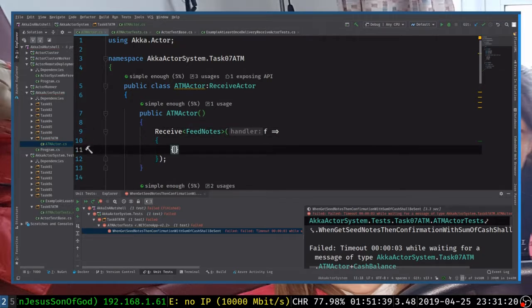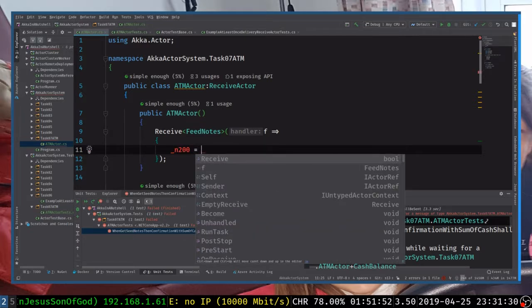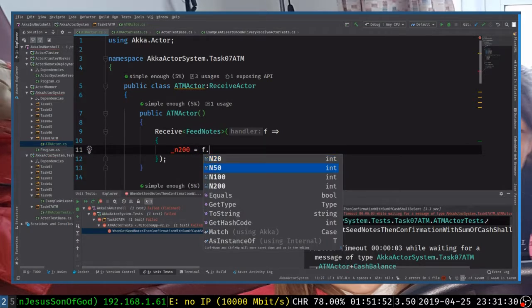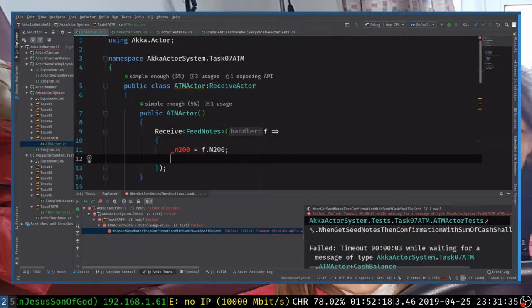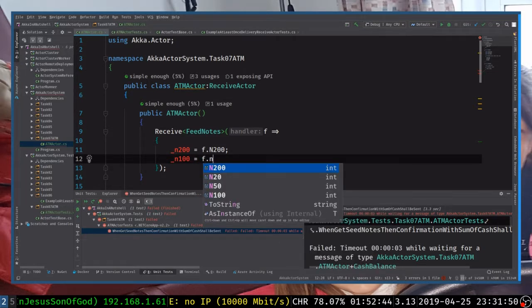Right, so our internal state: notes 200 equals feed notes 200. Then notes 100 equals, sorry for that, equals feed notes 100.